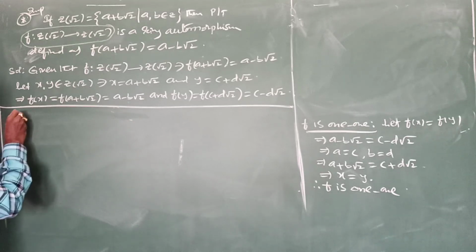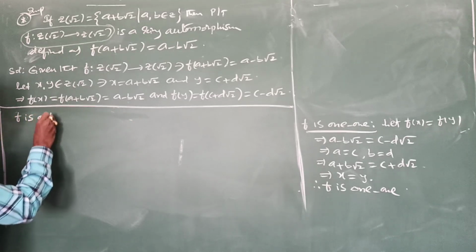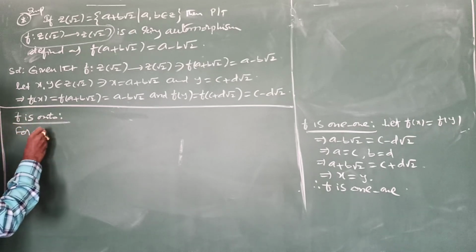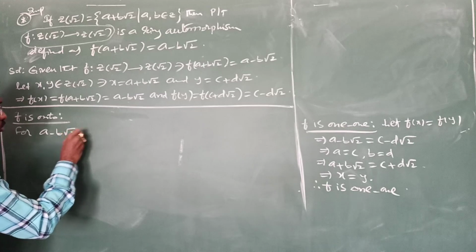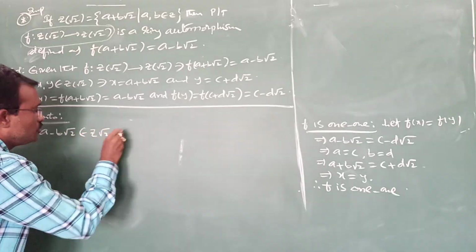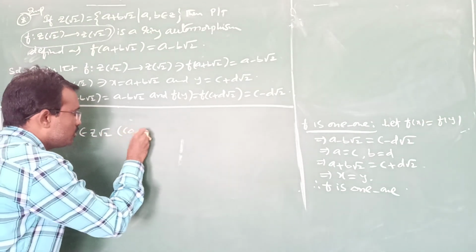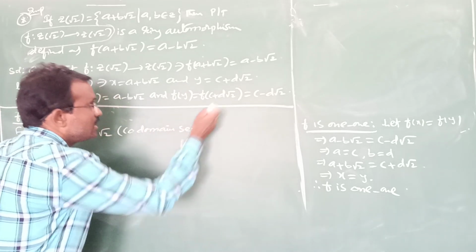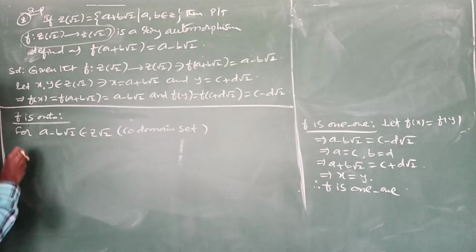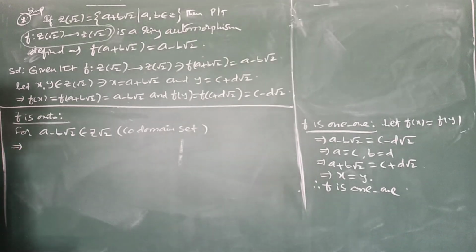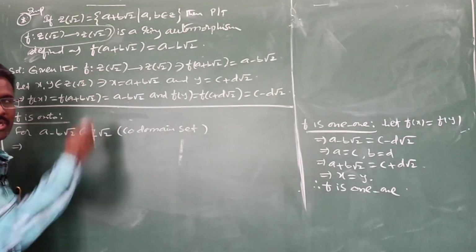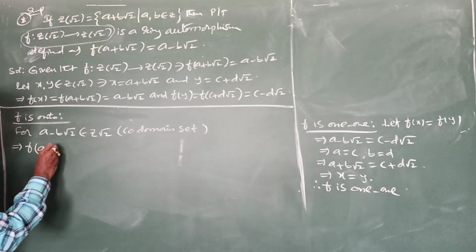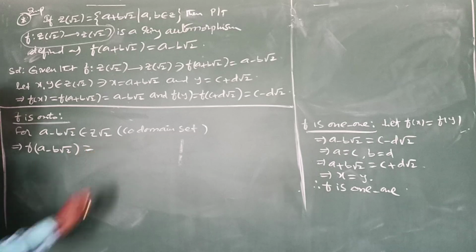You have to show f is onto. For a minus b into root 2 belongs to Z root 2, what is this Z root 2? The codomain set. That means we have taken a general element in the codomain set. Now let us define the pre-image of it. It is enough if a pre-image exists in the domain set. Pre-image means we need an element whose image is this. Let us find f of a minus b into root 2.